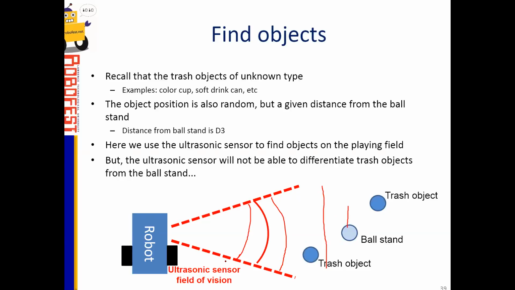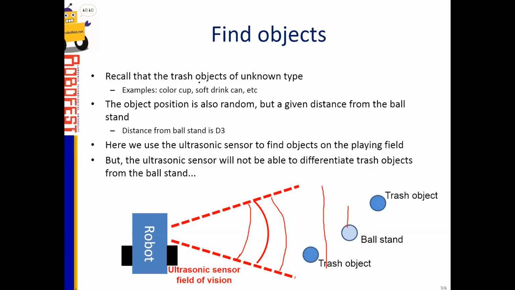There are a couple of different ways. From the beginning, you may know where the object is located because it's been announced, and you can program your robot to travel that distance. Or you can have your robot find the objects by knowing they're a different distance than the ball stand.